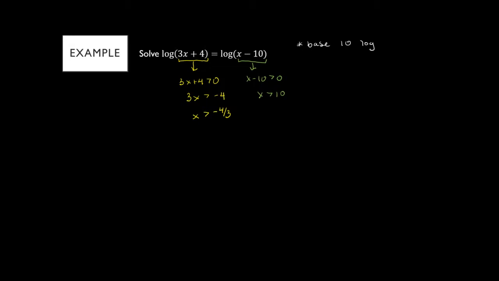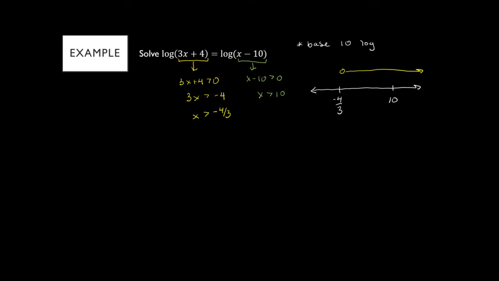If we look at these two inequalities on a number line, because both of these things need to be true, which is an AND statement, we've got negative 4/3 and 10. One of them is saying that we need to be greater than negative 4/3, so I'm going to put it above.